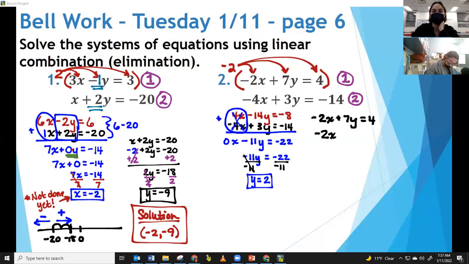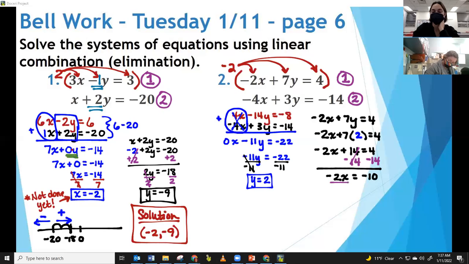Negative 2x plus 7, and we're going to put 2 in the place of the y. What is 7 times 2? $14. Awesome. And then I'm going to subtract 14 from both sides. What's 4 minus 14? Negative 10.